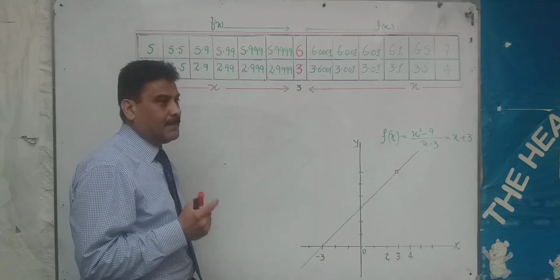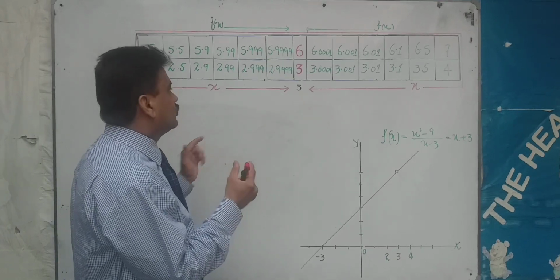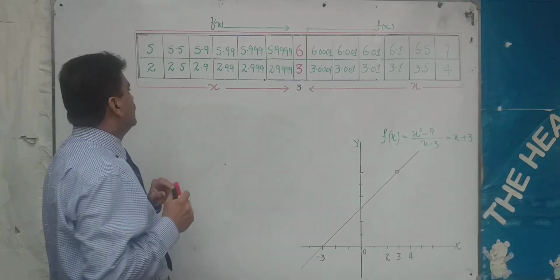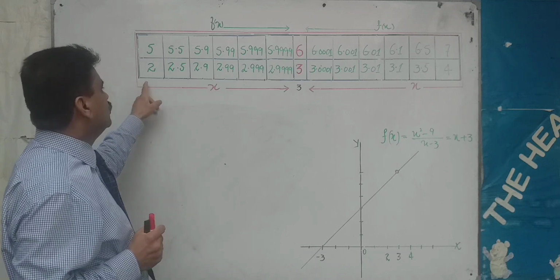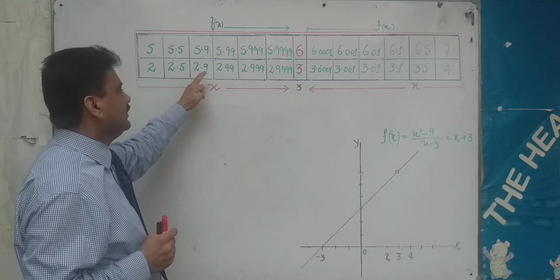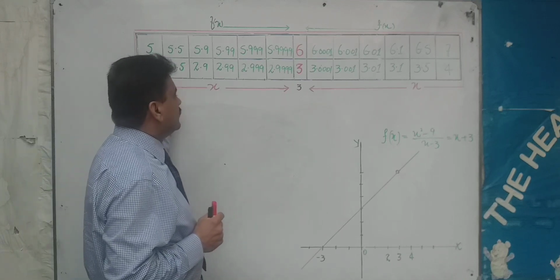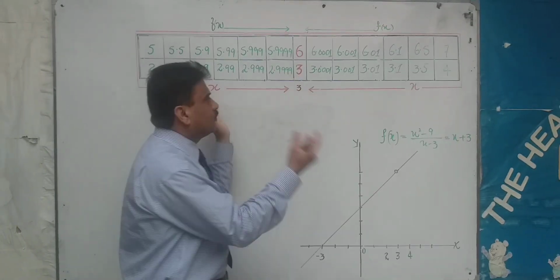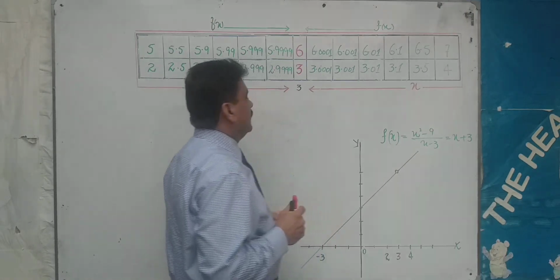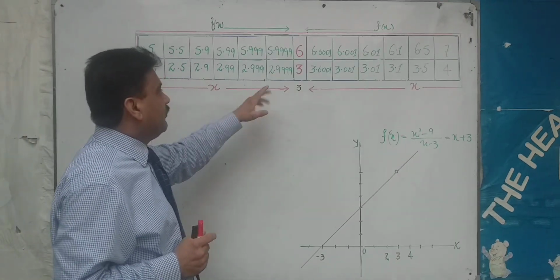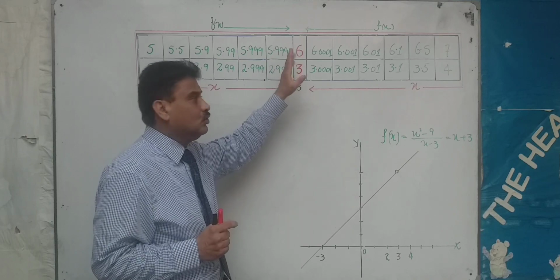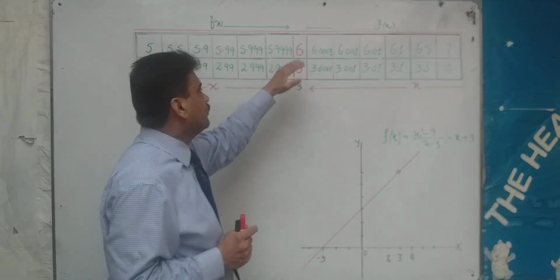First we take 2, then 2.5, 2.9. We are going to try to approach 3 from both sides. The function value gets closer and closer to 6.